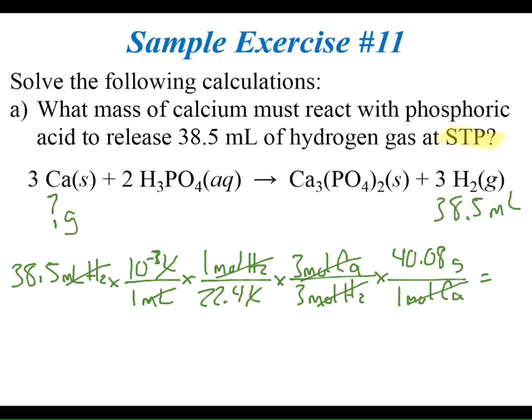I don't know, is that what it was? Give me another one for 3 sig figs. 0.689, sorry, 689.